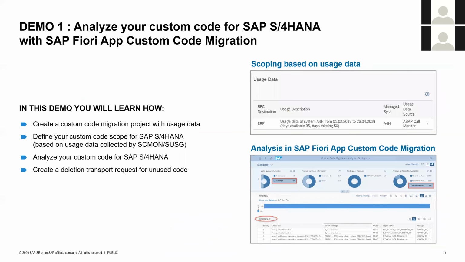And now it's time to start with the first demo. I will present you the custom code migration app, and you will learn in this demo how to analyze your custom code for S/4HANA readiness using this app, how to upload the collected usage data, how to define the scope of your custom code for SAP S/4HANA based on usage data collected by ABAP Call Monitor, SCMON transaction, and SUCG, the transaction for the aggregation of the collected usage data.